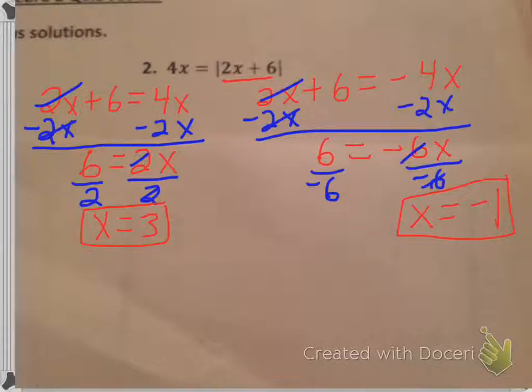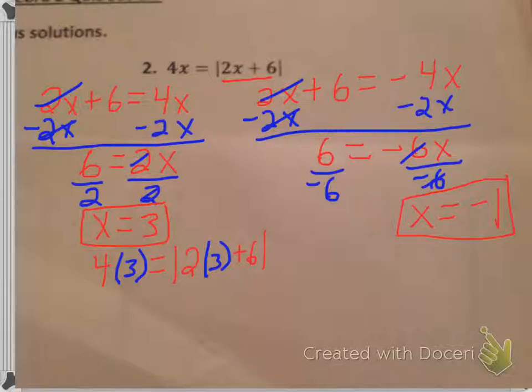Now we need to check both the solutions. So I'm going to take the 4x, so I'm going to say 4 times 3 equals the absolute value of 2 times, for the x, I'm going to substitute in the 3, and then I have the plus 6 inside the absolute value.